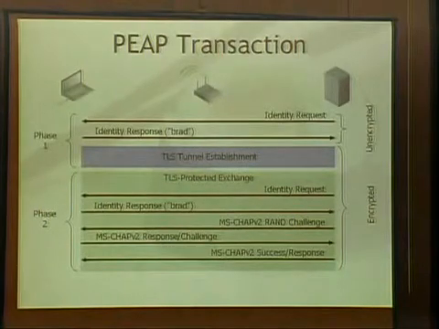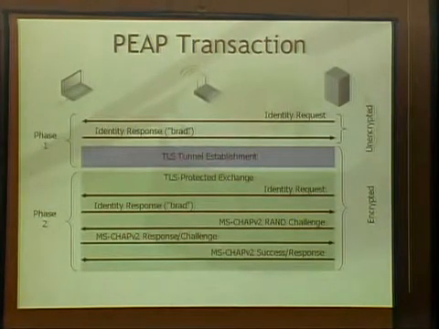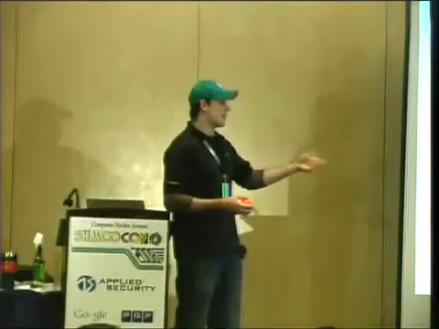Anyway, if it is anonymous, we have the TLS tunnel establishment. This is where the client authenticates the RADIUS server and sets up the tunnel. Then inside this phase 2 is what happens inside of that. So now we get another identity request, another identity response. This time, that username has to be what it really is. This is what's going to be used for your authentication credentials. And this is just a standard MS-CHAPv2 handshake.